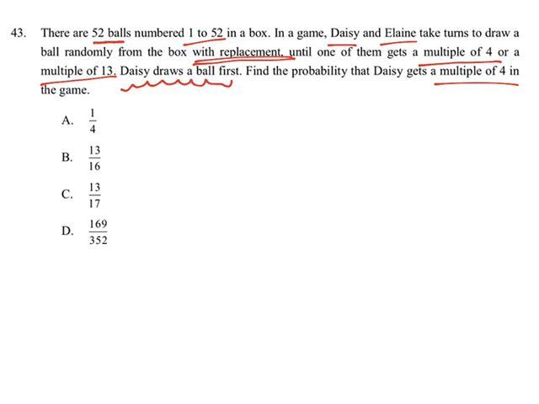So let's see the answer. For multiples of 4 and 13: multiples of 4, we have 13 cases. We can use 52 divided by 4, so there are 13 balls that are multiples of 4.